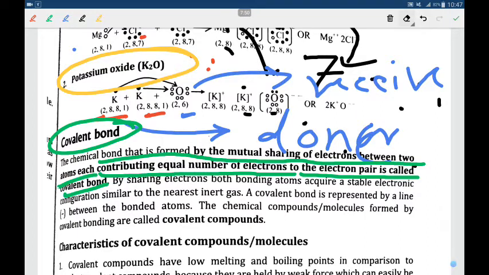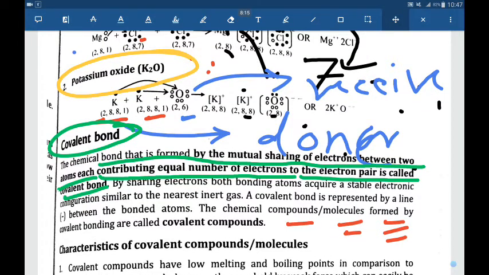Covalent bond is shown by a line, either single line, double line, or triple line. Single line means each atom contributes or shares one electron. In double, they contribute 2 electrons. Triple, 3 electrons. Okay, friends.